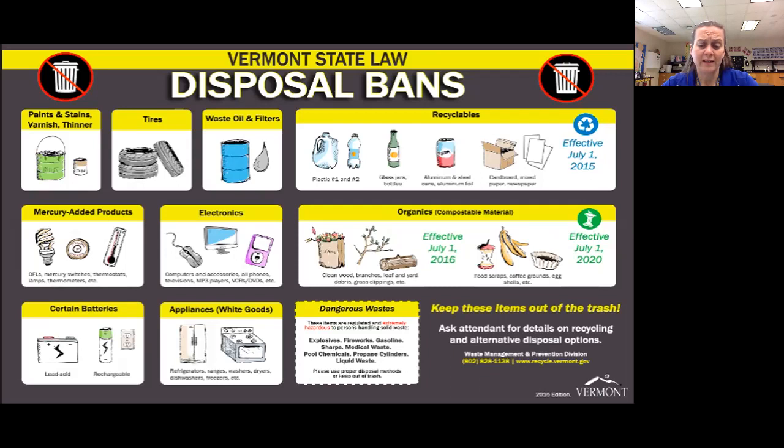And the reason for that is that these can release hazardous waste, particularly mercury products, electronics, oil, and batteries, as well as the paints and stains. So these things can be disposed of, but they usually have to be taken directly to the landfill so that they can be processed correctly.